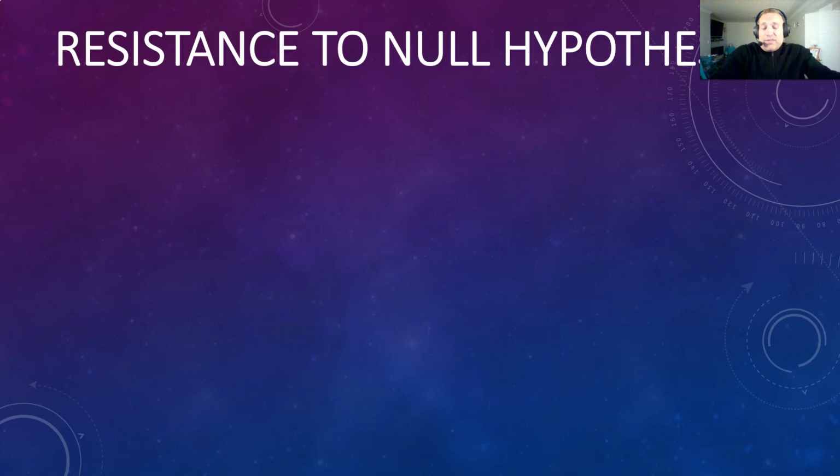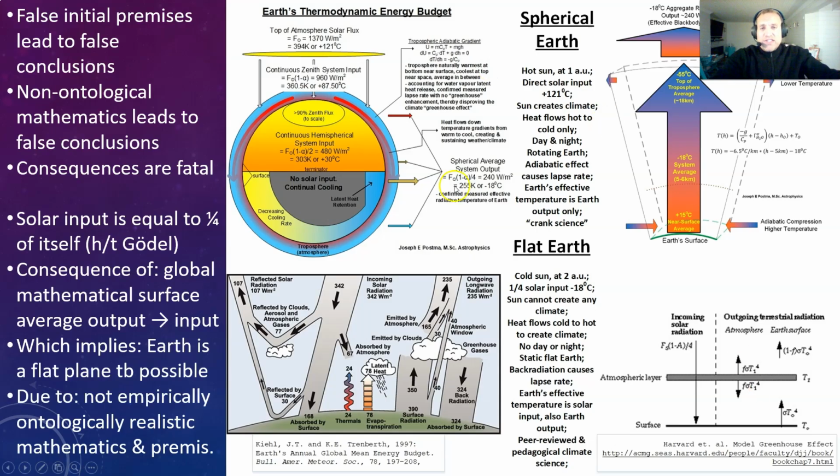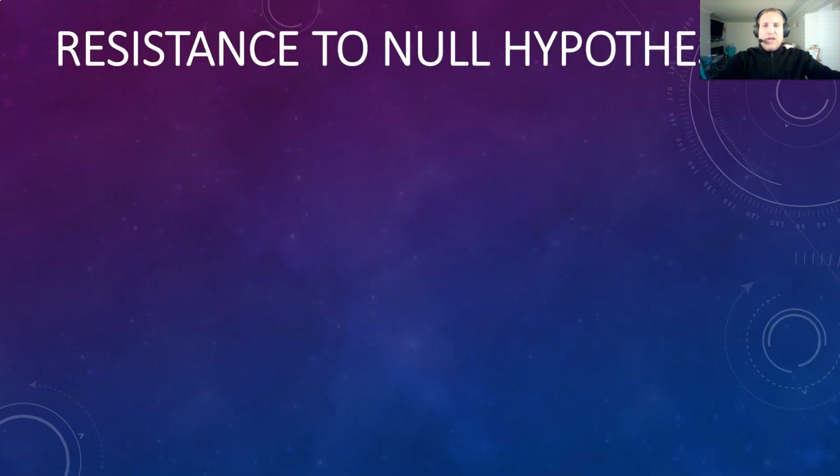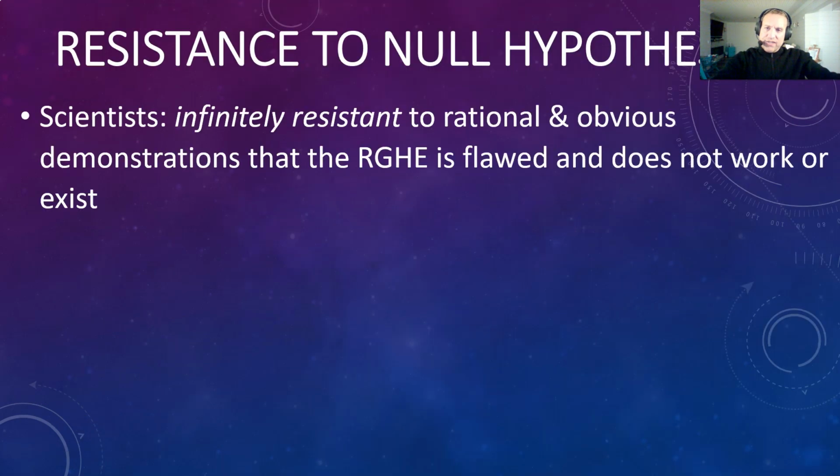Because the consequence of that is, once you go down that road, you pretty quickly and immediately find that this whole greenhouse effect hypothesis, where CO2 creates the climate and not the sun, and global warming, it just falls out really quick. It just quickly becomes not valid anymore, right? But there's extreme resistance. With scientists, you find an infinite resistance. They're infinitely resistant because I've talked with them for years.